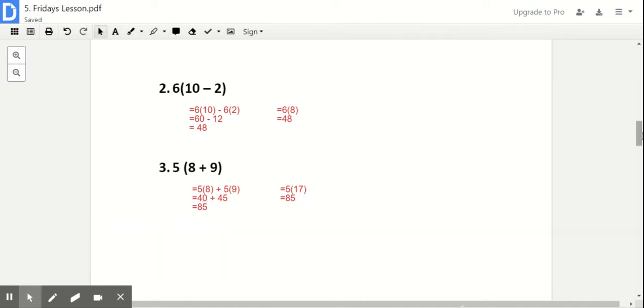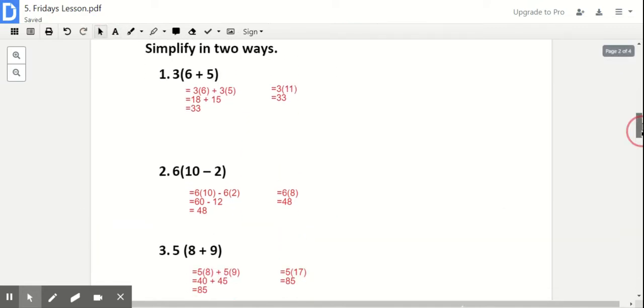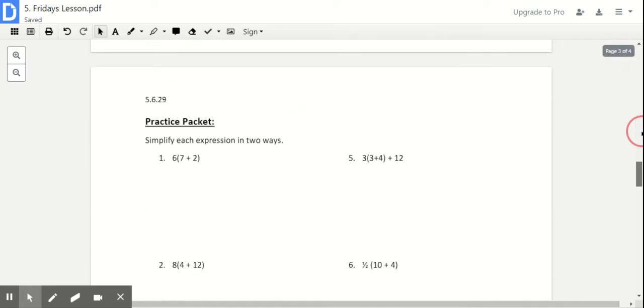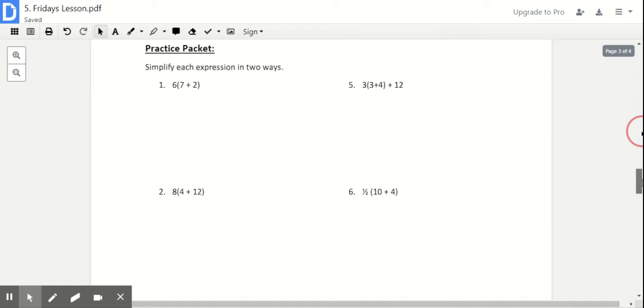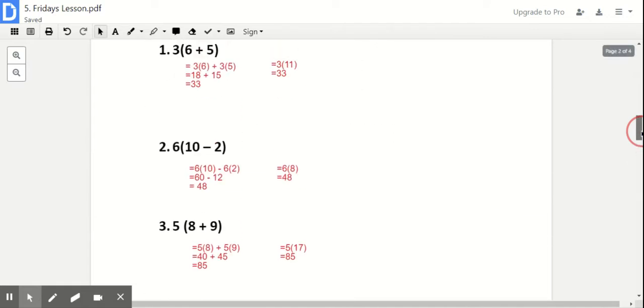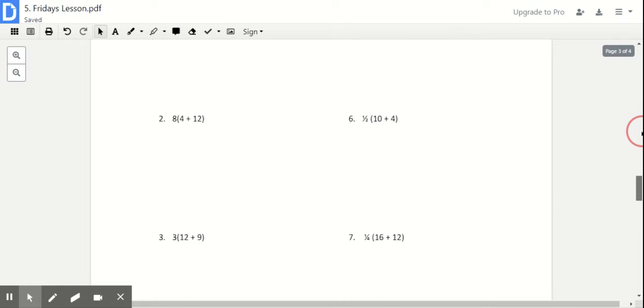Now that we are done with guided practice, so we just simplified in two ways, you guys are going to pause the video and get into the practice packet today. It is telling you to simplify each expression in two ways. So you should be doing exactly what we just did for guided practice up here, down here for your work.